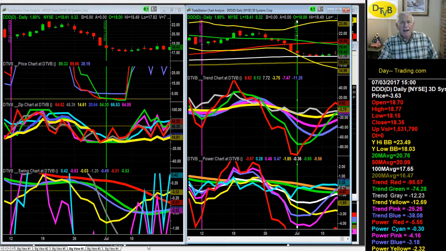Remember, you have 5 price barometers in the charts. Zip pink, swing Zion, and the 3 price lines. Those 5 lines move in the price direction every single time. They are tracking the price, and we want that.